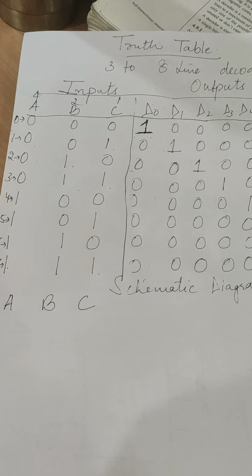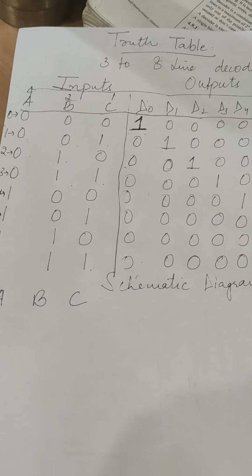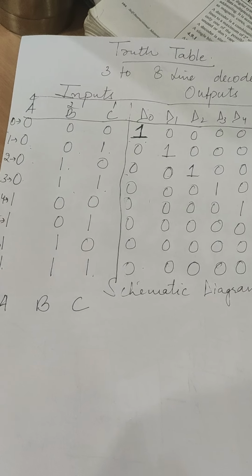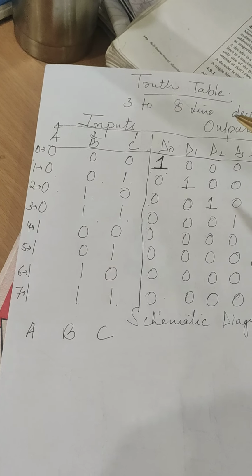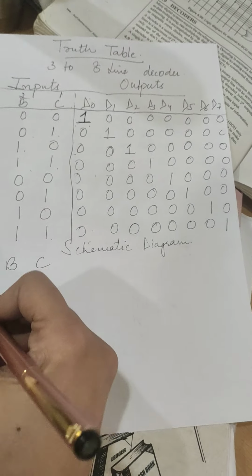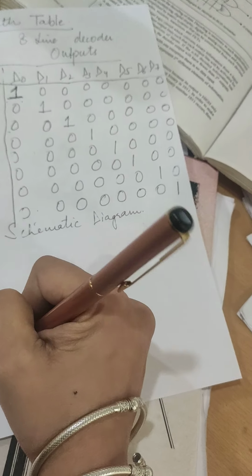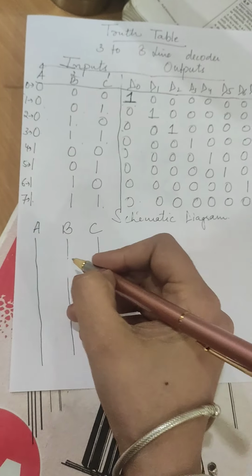Here we are going to change a little bit: the outputs are represented with the AND gate, because here it is a case of multiplication. There are 3 input lines.